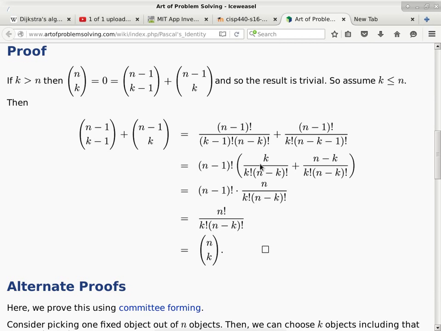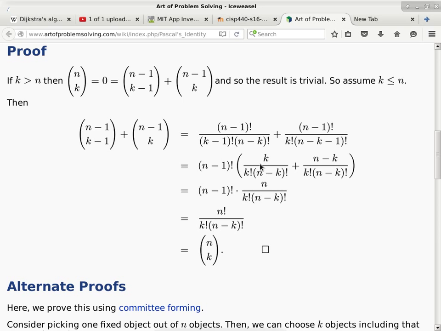Okay, very good. So the question is, how did we go from 1 over k minus 1 factorial? Let's just focus on one term. How is this the same thing as k over k factorial? Well, what we do is 1 divided by k minus 1 factorial.